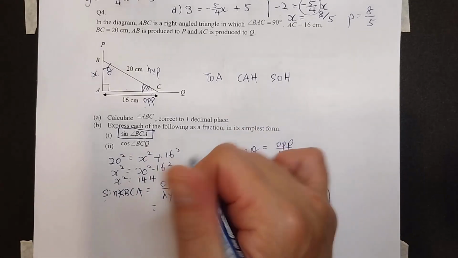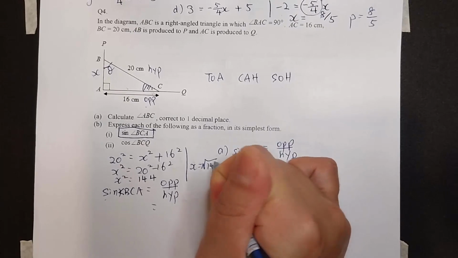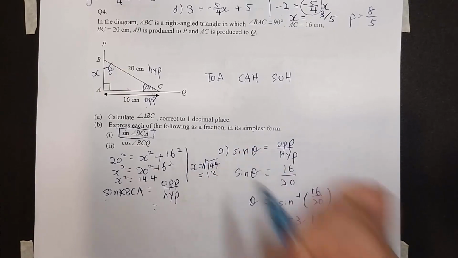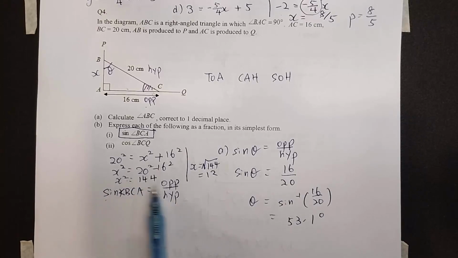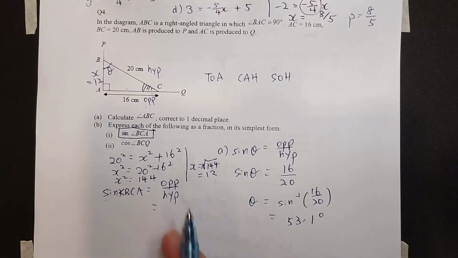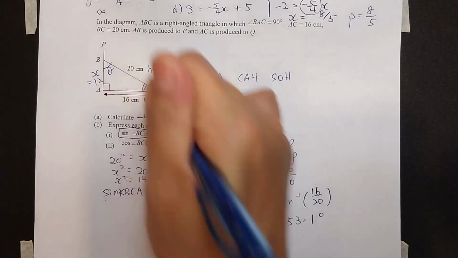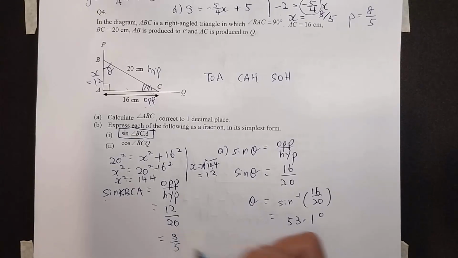In order to find x, we will have x equals square root 144, and that will give us 12. To remove the square, all you need to do is square root both sides, and press the calculator, x will be 12. Now that we know that x is equal to 12, our opposite is 12, our hypotenuse is 20, and so simplifying, we will get 3 over 5.